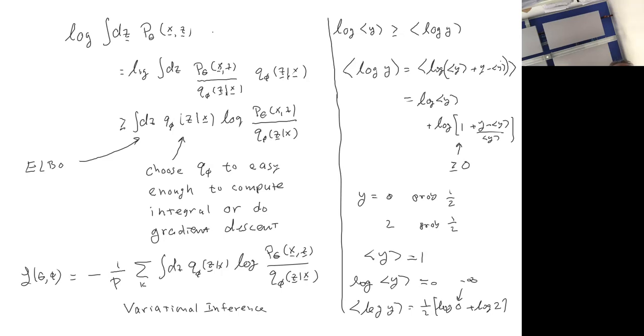And the way you generate is kind of cool. You sample z from q phi of z, and then x from p theta of x given z.